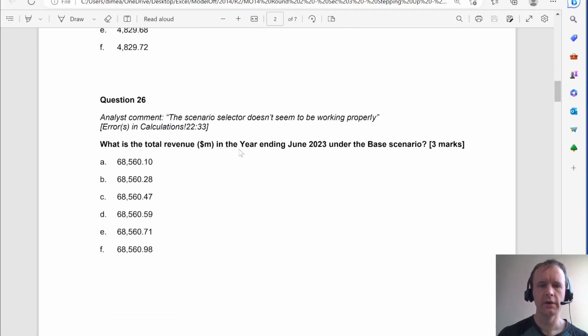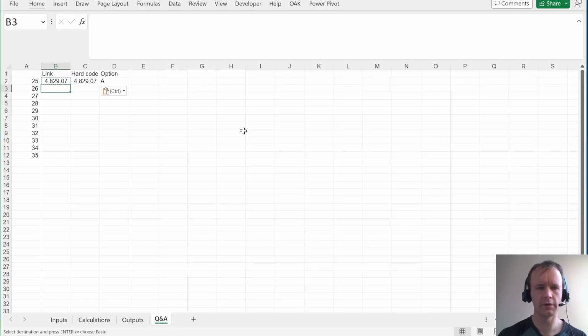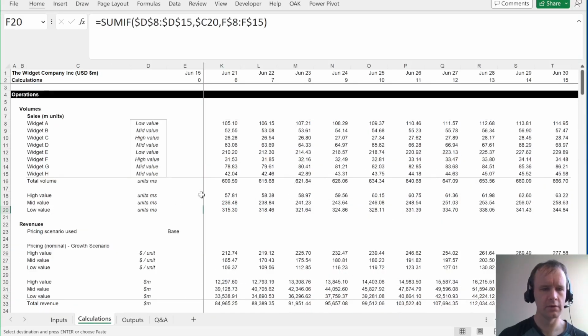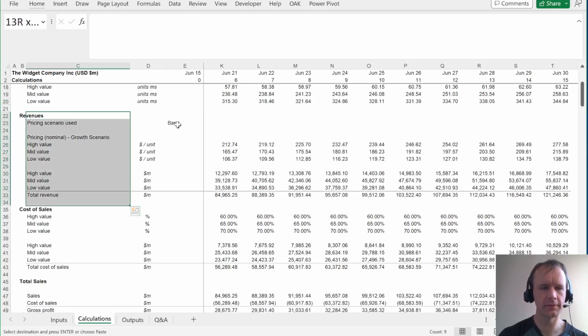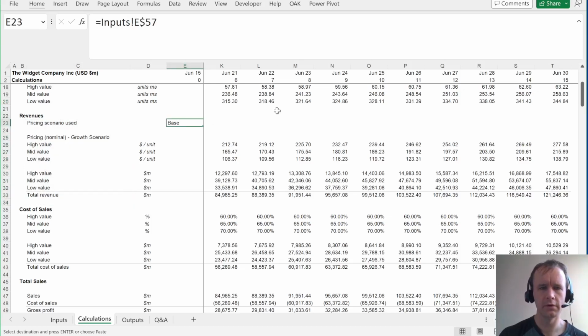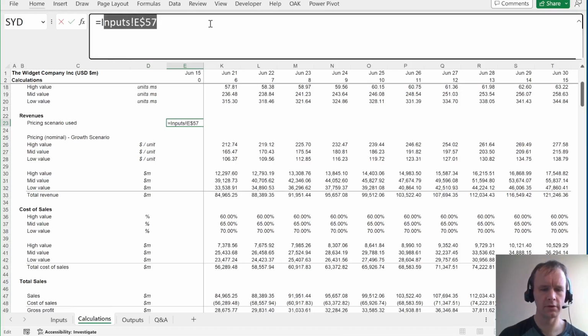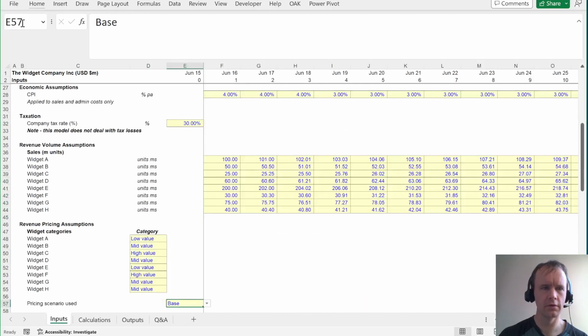Next one. The scenario selector doesn't seem to be working properly. Calculations 22 to 33. So from here to here, something is not working. So that's just pulling straight from E57. Fine.